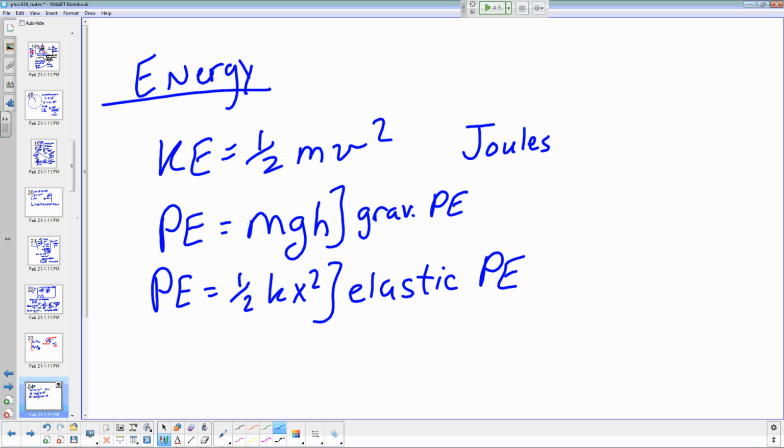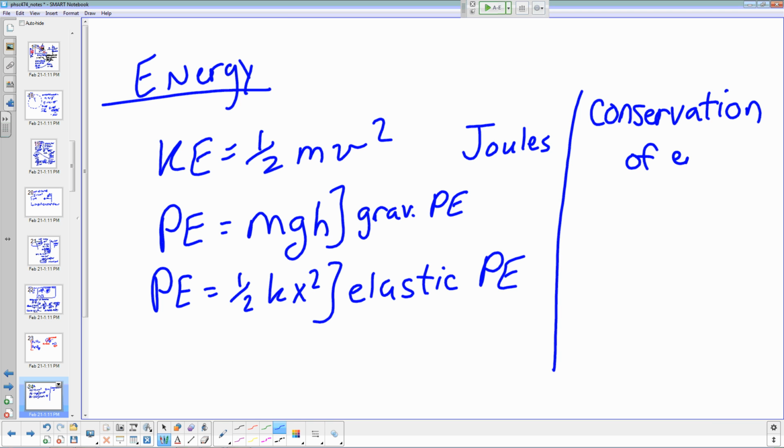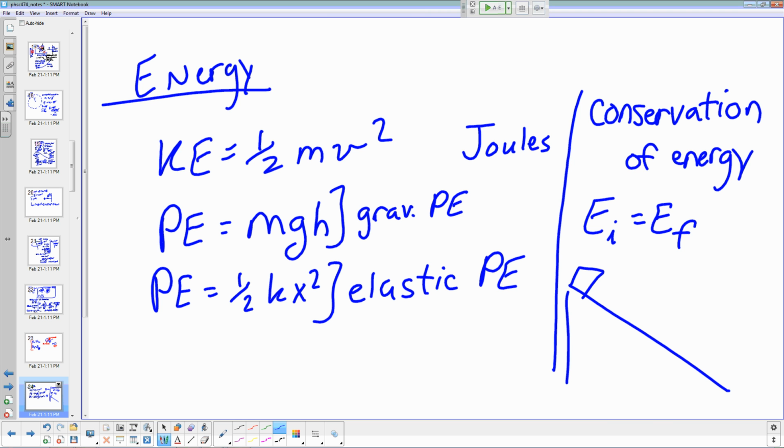Big thing that comes up with energy is the conservation of energy, and we'll look at some problems after the break. We had a whole chapter on these in 101. But the conservation of energy just says that E initial is equal to E final. So for example, if I have an object on an inclined plane like this, let's say that it's 5 meters high, I have a 2 kilogram mass, and I want to know what is its velocity down here.